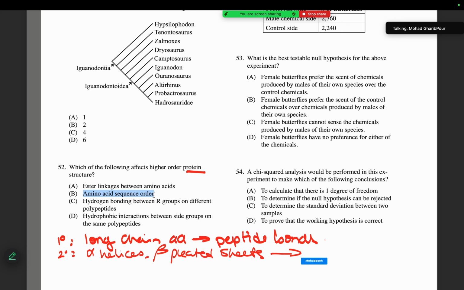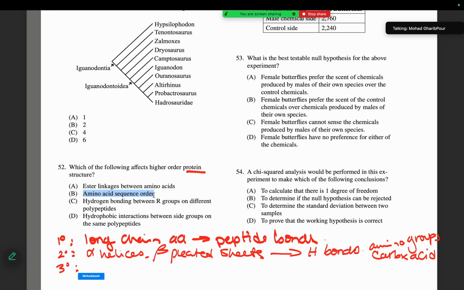What creates them? Hydrogen bonds. Okay? It's the hydrogen bonds of the amino groups and the carboxylic acid groups in each amino acid. So it has nothing to do with the R groups. Okay?